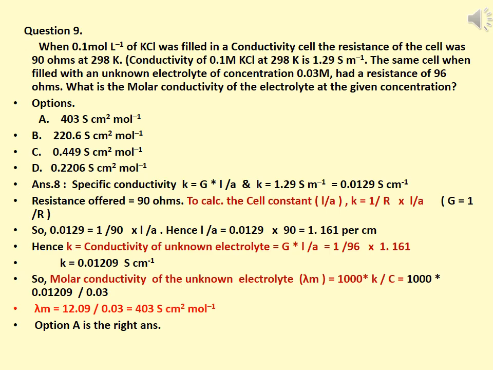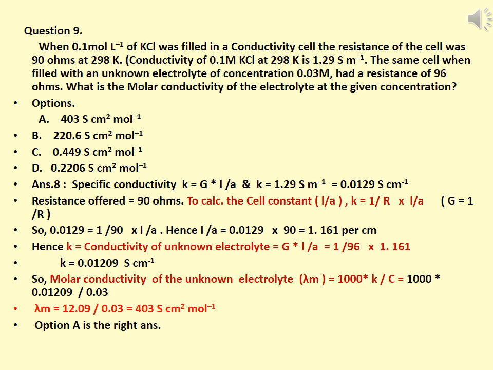Now, we know the kappa value of the unknown electrolyte. Step 3 is simple. Calculate molar conductivity. Lambda m of the unknown electrolyte is 1000 into kappa by C. What is the concentration of the unknown electrolyte? Given 0.03.